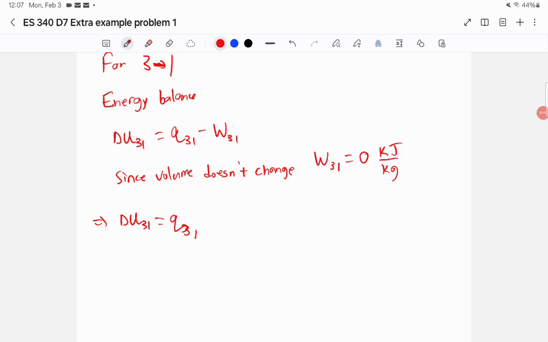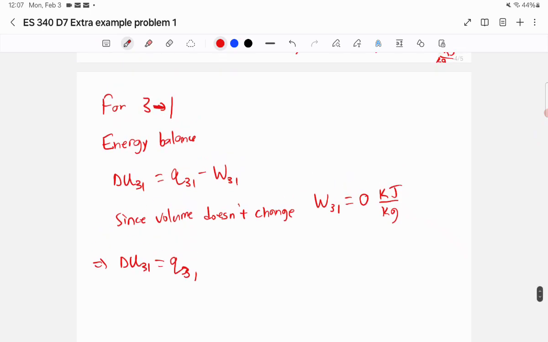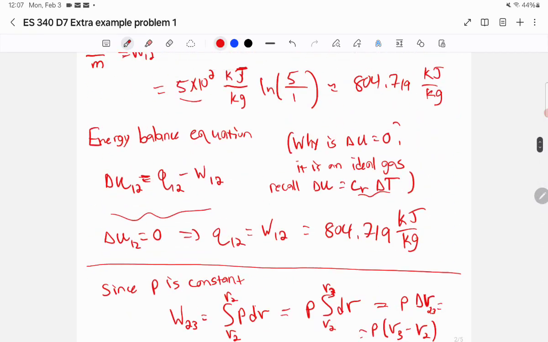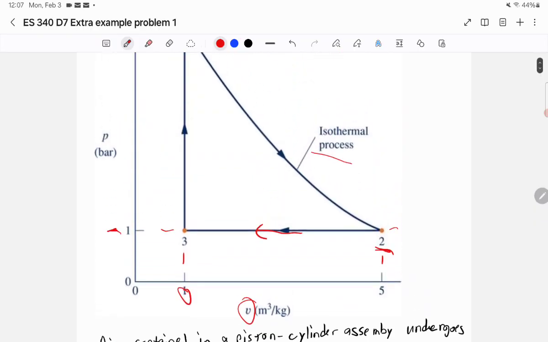And so this is a fun little one. We actually have already done the work that we need to find delta U31. This is going to be equal to U3 minus U1, but U1 is going to be equal to U2. And why? Because this was isothermal.